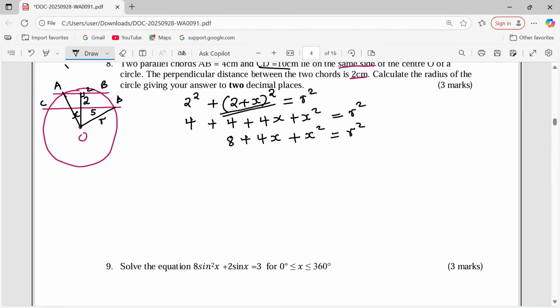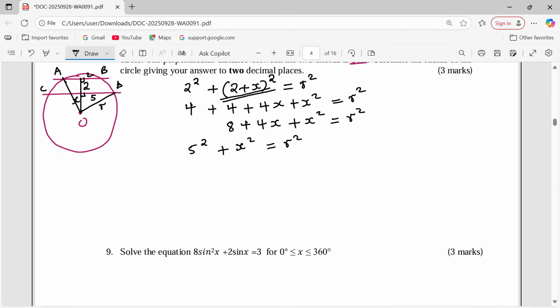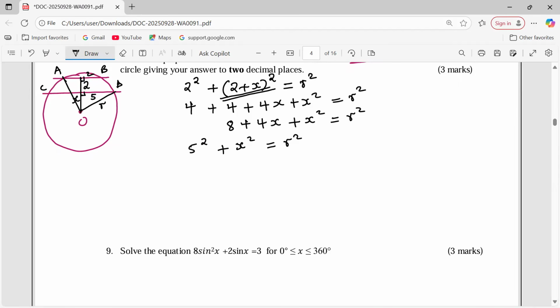What about using the chord CD? We will say 5 squared plus the perpendicular distance there, which is x squared, equals radius squared, like that. We have one expression here and another one here.